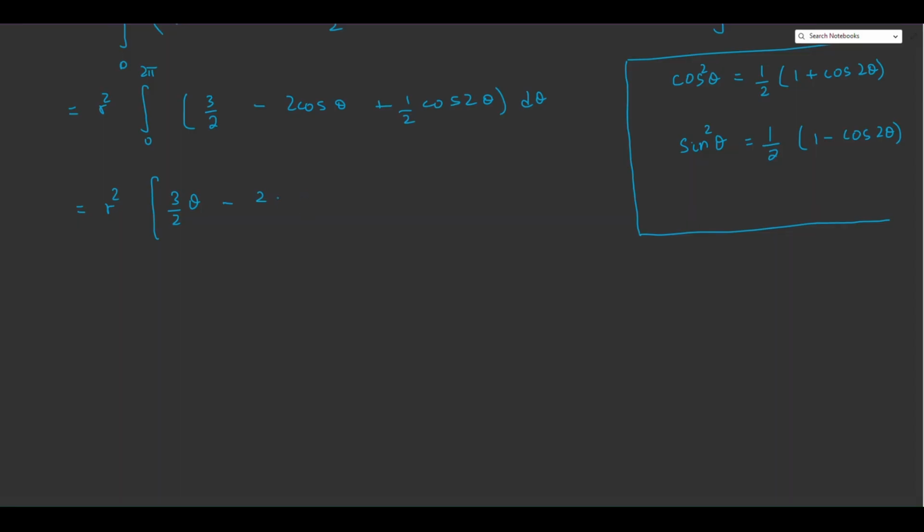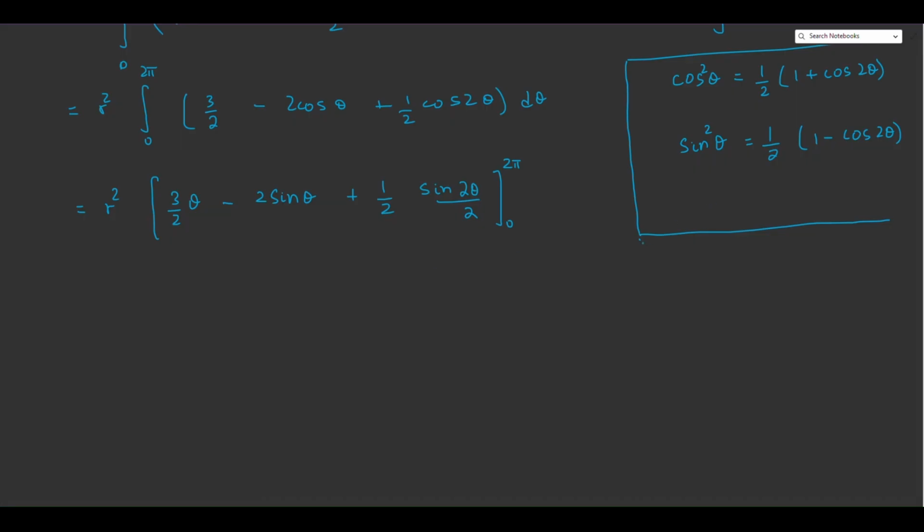The integration of cosine theta is sine of theta, plus 1 by 2 sine of 2 theta by 2, from 0 to 2 pi, and now we substitute these limits into these functions and we simplify this thing.